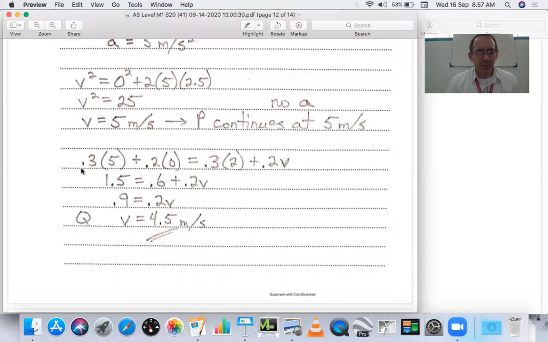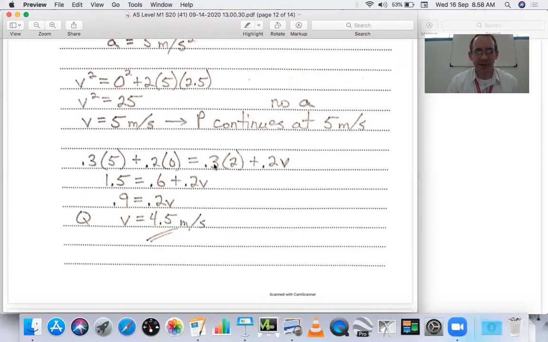So with momentum, there is a conservation of mass times velocity. So particle P is 0.3 mass times 5 velocity, plus particle Q is 0.2 mass with no velocity because it was at rest, gives us a total momentum of 1.5. That needs to be conserved after the collision.